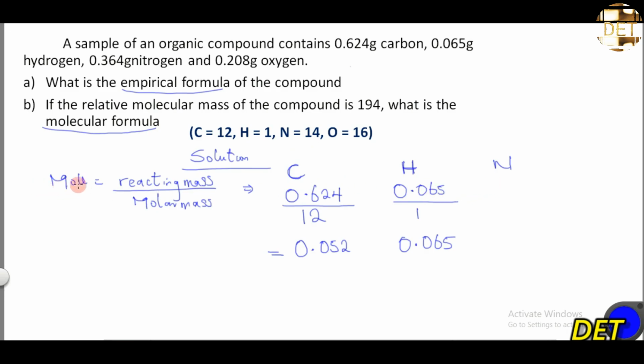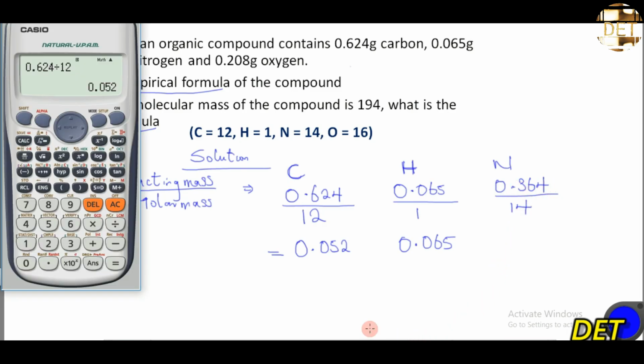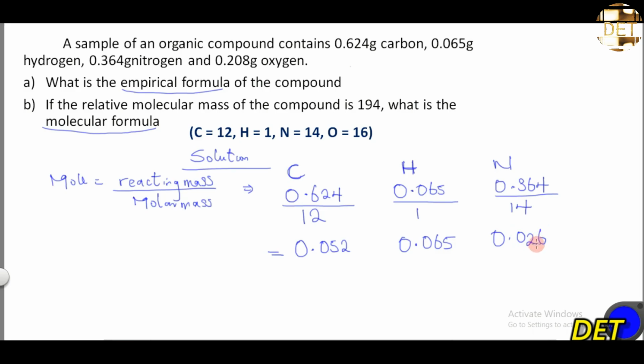So the number of moles of nitrogen will be 0.364 divided by 14, which is equal to 0.026 moles of nitrogen.